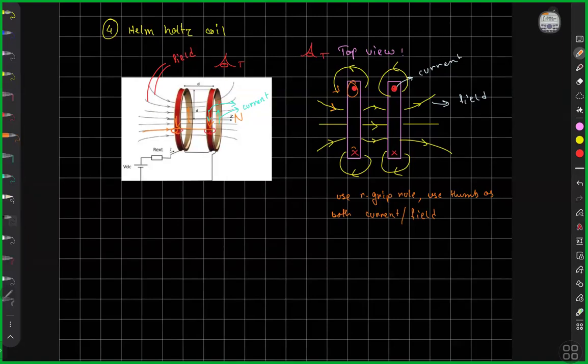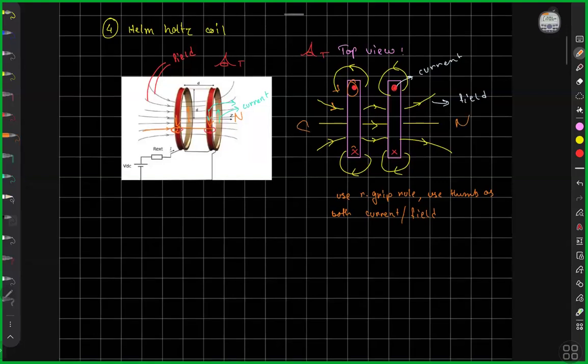Got it? And when you join the fields together, you get the net direction of where the north is. This is where the north is, this is where the south is. Because the magnetic field line goes from the north to the south. So if you join all the magnetic field lines, this is how they join up. So this is why this is north.